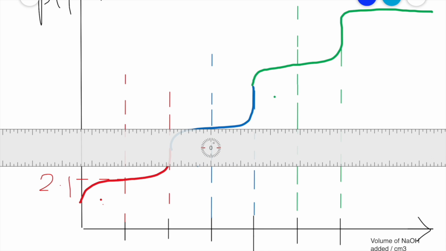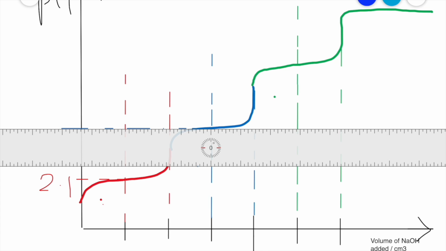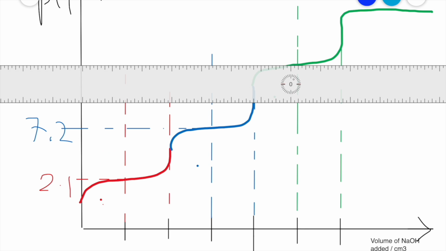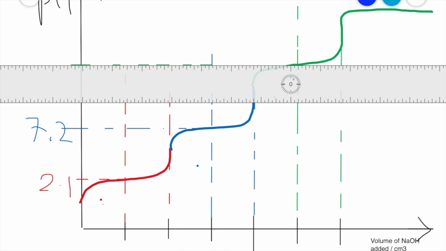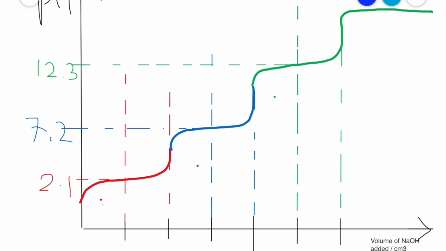Then let's check this one out. This one was 7.2, and this one was 12.3. And that's all there is to sketching the polyprotic titration graph.